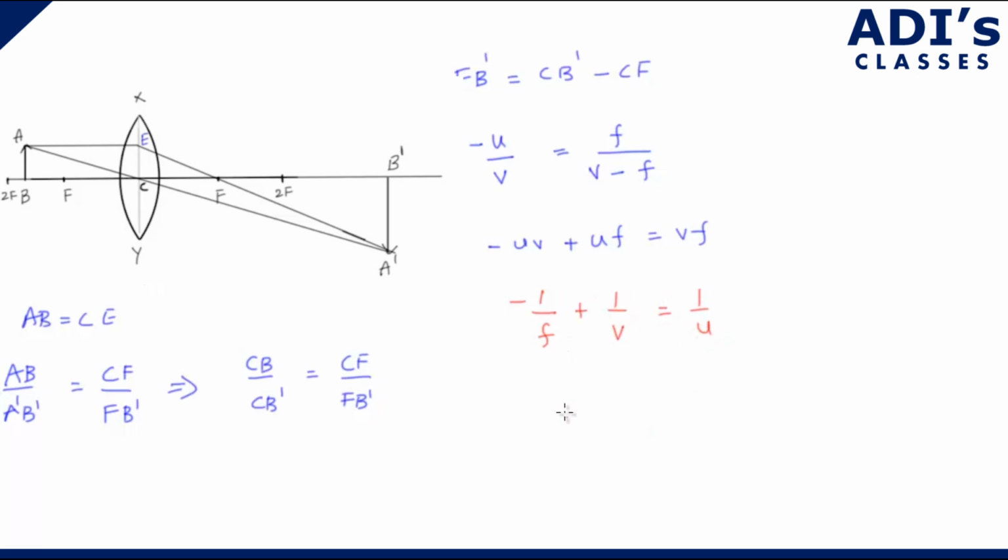Interchanging 1 by U and 1 by F, we get minus 1 by U plus 1 by V is equal to 1 by F. This is the relation between U, V and F for any type of lens.